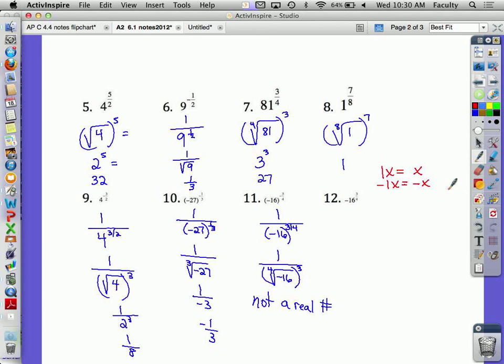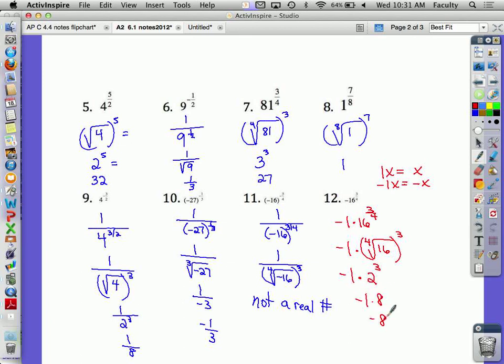So these are different. This is the way mathematicians can indicate there was a negative 1 out front. So this means negative 1 times 16 to the 3/4, and then that's the 4th root of 16 to the 3rd. Now this one's doable. I can figure this one out. So it's 2 to the 3rd.